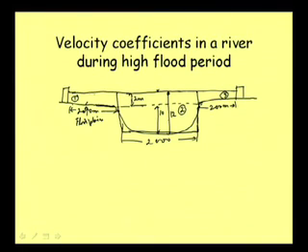Well, suppose we got the average flow velocity of this section as 0.7. Suppose V of this section 2 is say 0.7. Of course, it will be a little different, but for just calculation purpose I am considering this as 0.7.